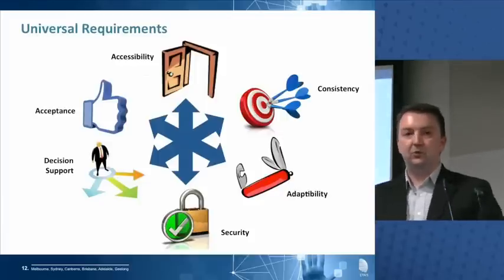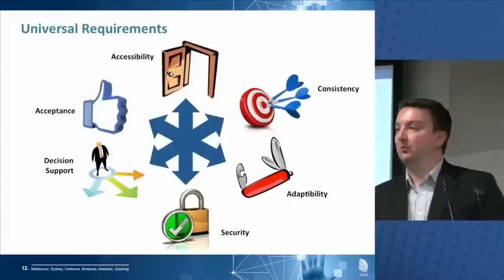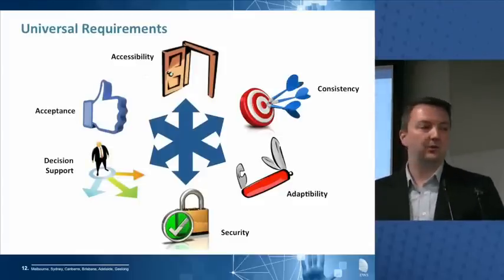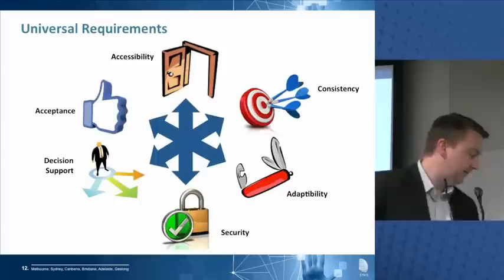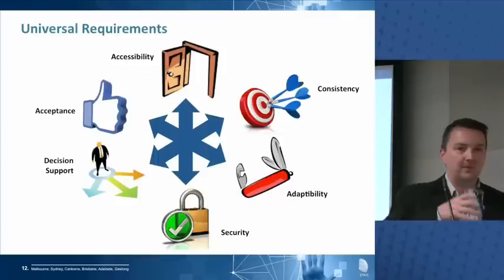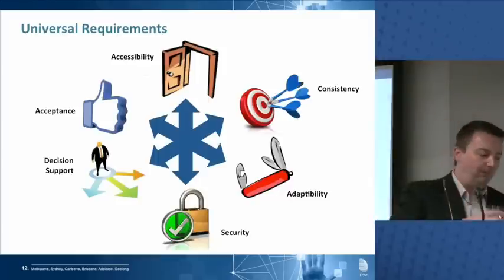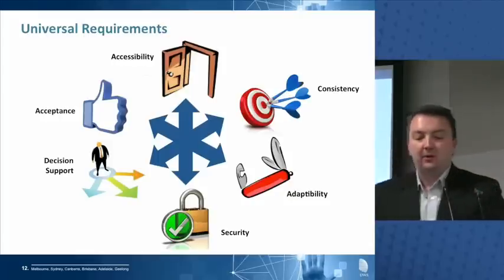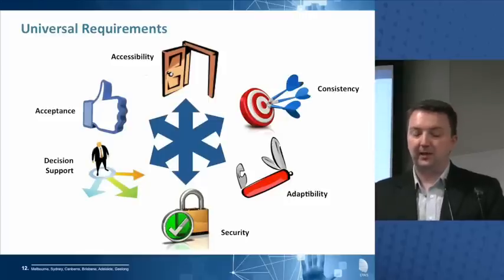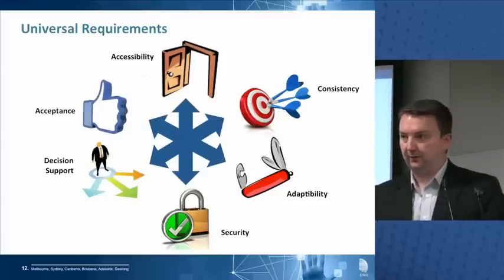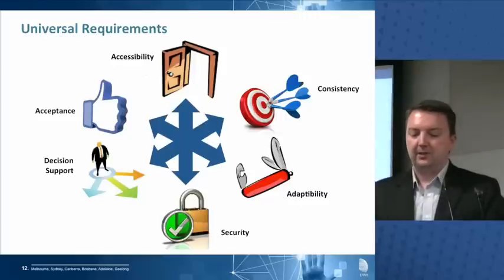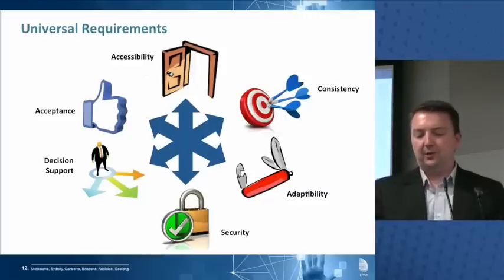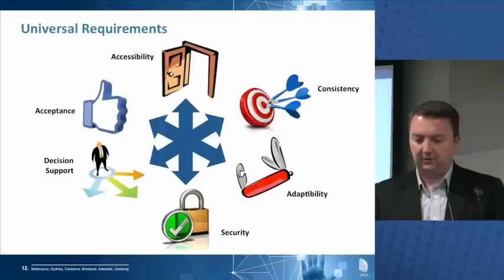Yes, we'll have individual requirements about individual business processes in each organisation, but these universal themes lead to universal requirements. I'll go through each of these 6 universal requirements one by one.